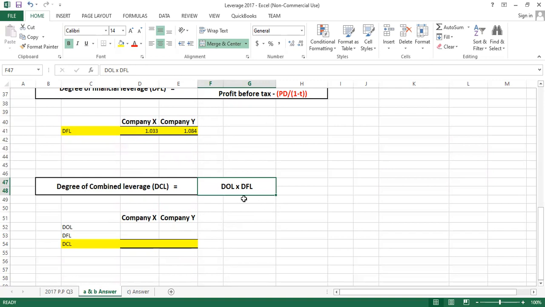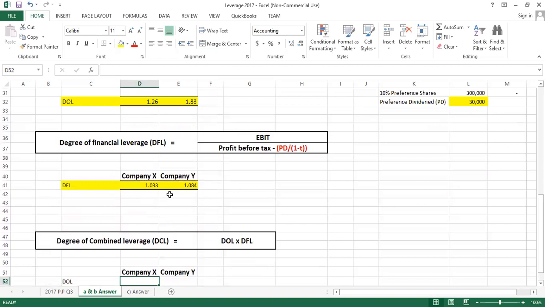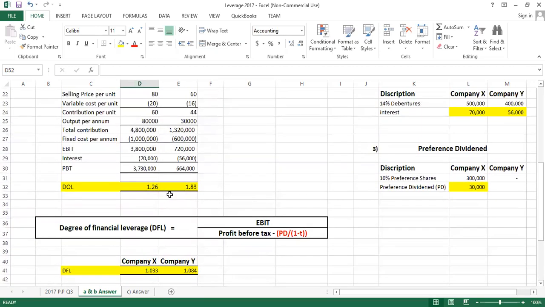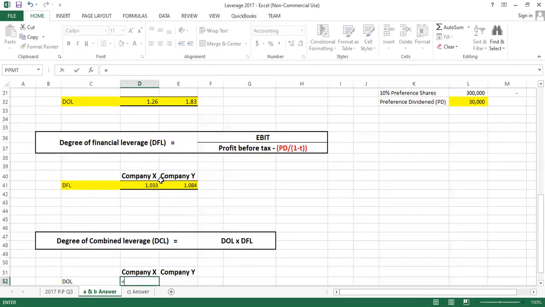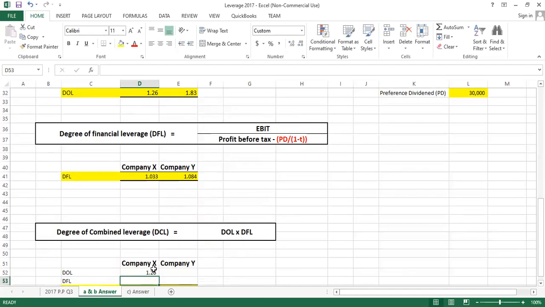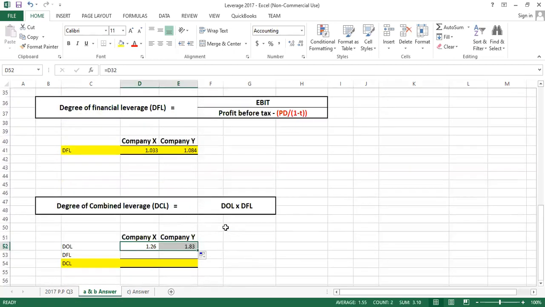Operating leverage and financial leverage we have already calculated, so we can easily calculate the combined leverage. Company X operating leverage is 1.26 and company Y operating leverage is 1.83.